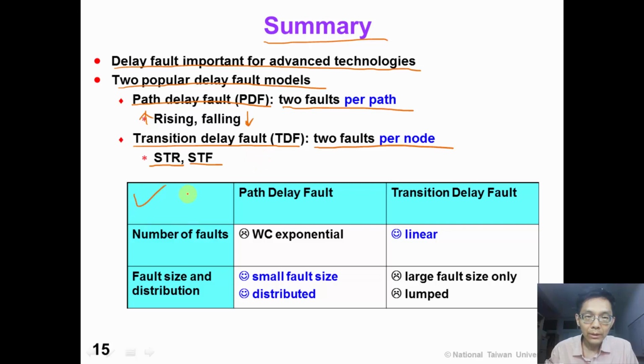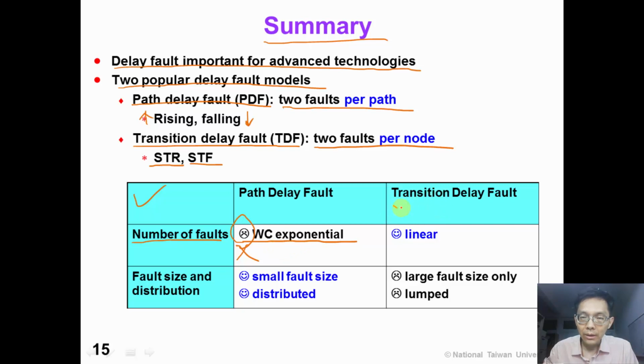This table compares the path delay fault and the transition delay fault models in terms of the number of faults, because the number of paths in a circuit can be worst case exponential to the number of gates. So the number of path delay faults can be worst case exponential. This is very bad for large circuits because it cannot scale to large designs.